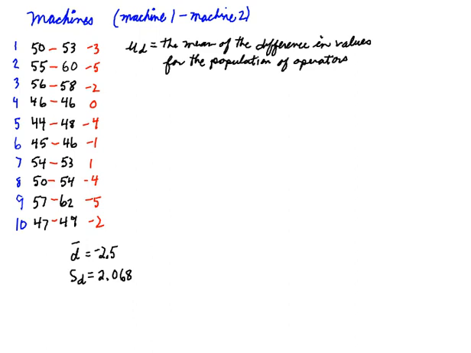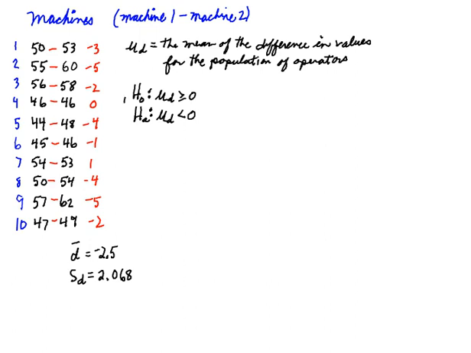And to run this test, trying to show that machine 2 outperforms machine 1, I'll set up null and alternative hypotheses. Trying to show that machine 2 outperforms machine 1 would mean that mu sub d is less than 0. And I will see if the data evidence is strong enough to reject the null hypothesis, which is assuming that it doesn't.